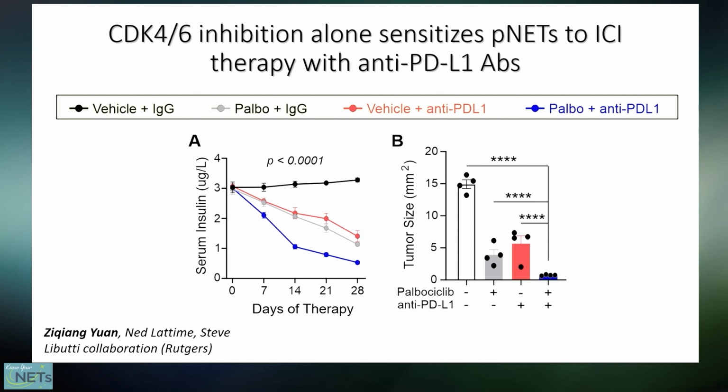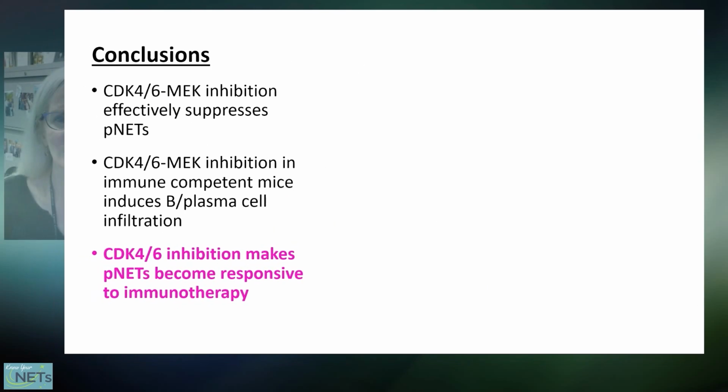And in fact, we found that the combination, shown in blue, of palbociclib, which targets CDK4, and PD-L1 antibody is very effective at reducing insulin secretion over the 4-week treatment period compared to either palbociclib alone, shown in gray, or PD-L1 antibodies, shown in red. And this correlated with a tremendous decrease in the size of the pancreatic neuroendocrine tumors. And this is tremendously exciting.